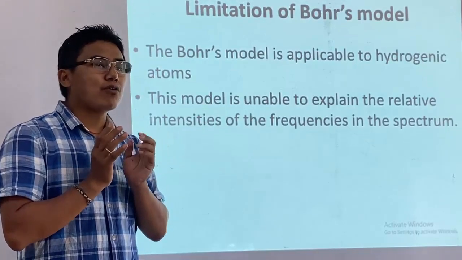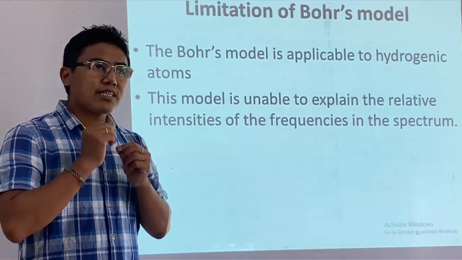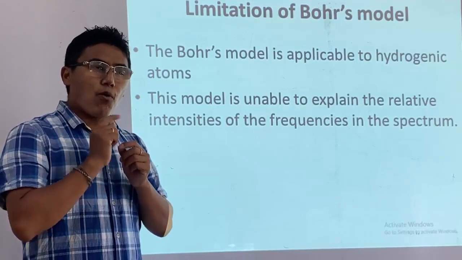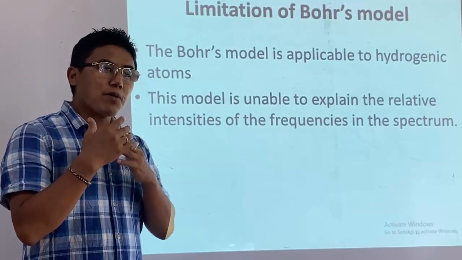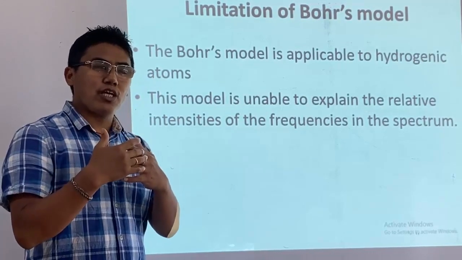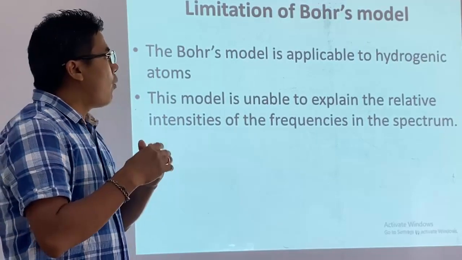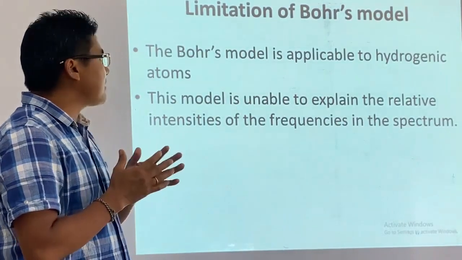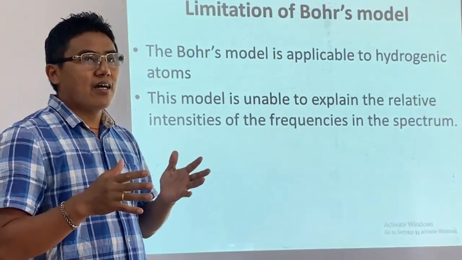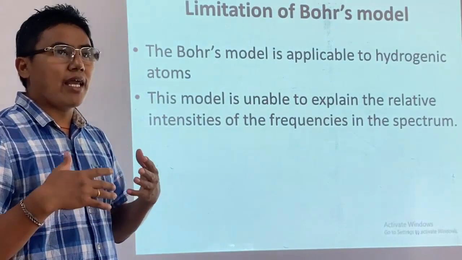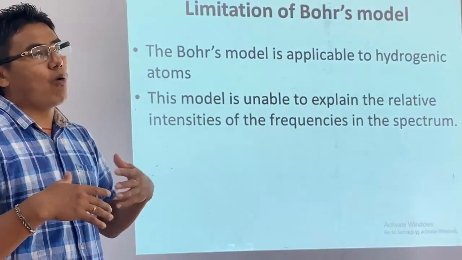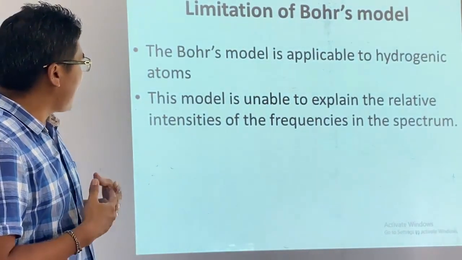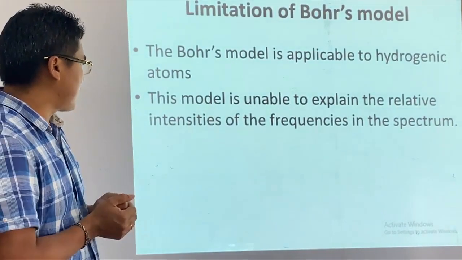Bohr only talks about the interaction between the nucleus and the electron. Bohr never mentions the interaction between one electron and another. So therefore, the Bohr model is not sufficient to explain heavier atoms, or atoms having more than one electron, right?